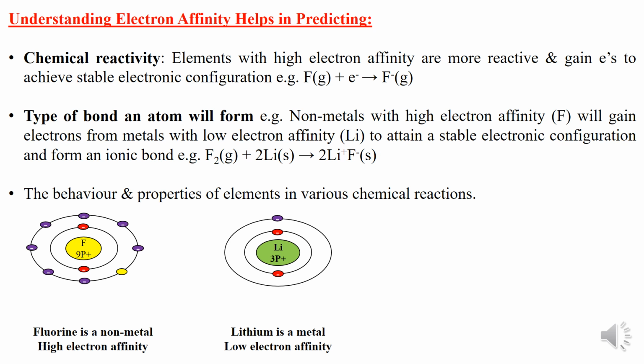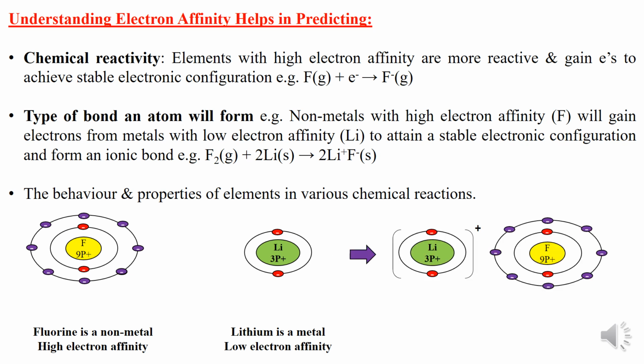So fluorine is a non-metal with high electron affinity. So lithium loses its outermost valence electron to the fluorine atom and forms a positively charged lithium ion. And the fluorine atom, after accepting the electron given by lithium, forms a negatively charged fluoride ion. End result is lithium fluoride is formed, which is an ionic compound, Li+ F-.